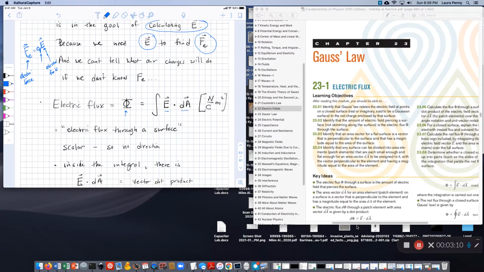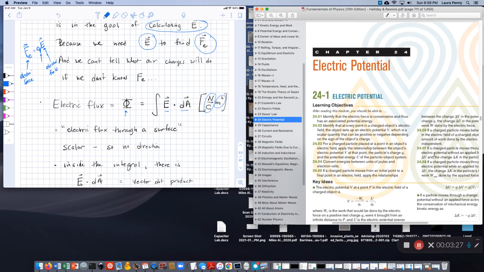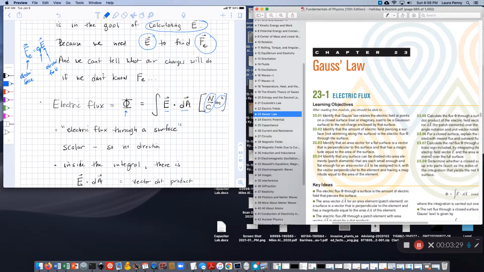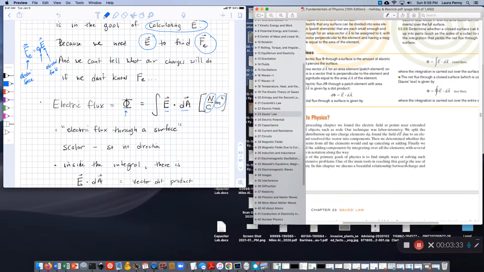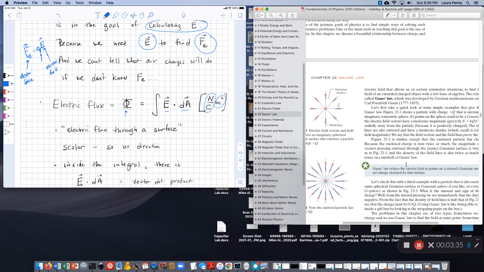It's going to have units of electric field, which is newtons per coulomb, times units of area, which is meters squared. So electric flux doesn't have its own special unit. Well, maybe it does, actually, but I'm not going to use it. I'm just going to say newtons per coulomb times a meter squared.